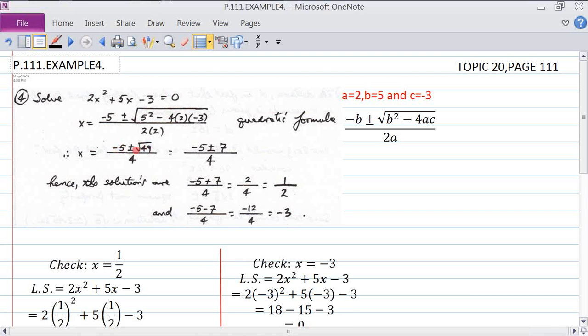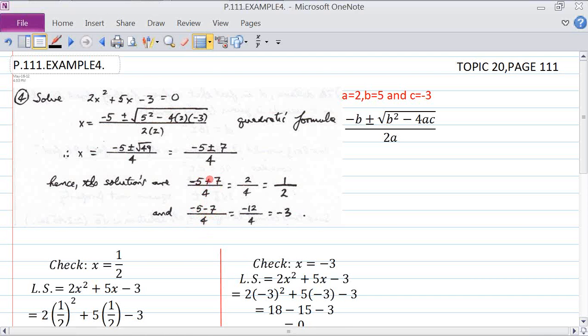So we are left with minus 5 plus or minus the square root of 49 over 2a, which is 2 times 2, 4. And so when we solve this and take the square root of 49, we get 7. One of the solutions is minus 5 plus 7 over 4. The other solution is minus 5 minus 7 over 4.